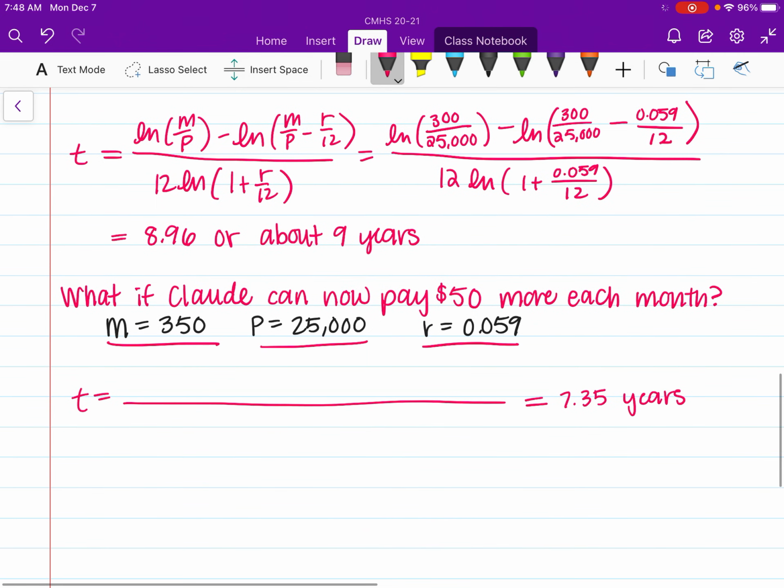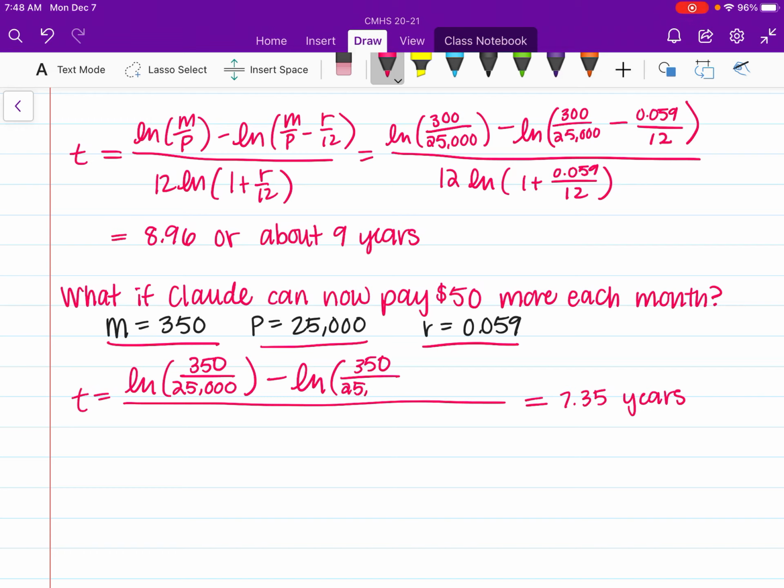So I'm going to use the formula natural log of monthly payment, which is now $350, over the principal, $25,000, close, minus natural log of $350 again on top, over $25,000 on bottom, minus the rate, 0.059, over 12.